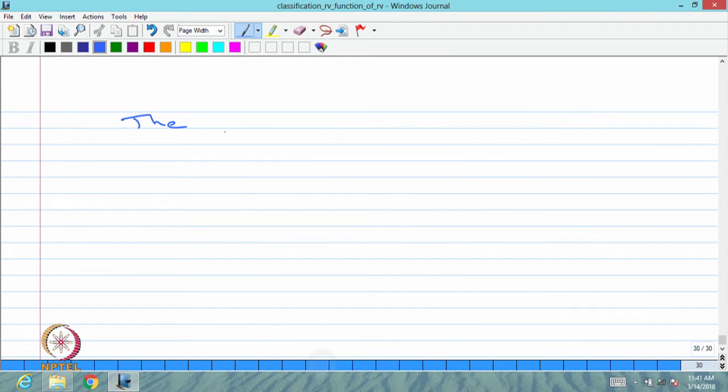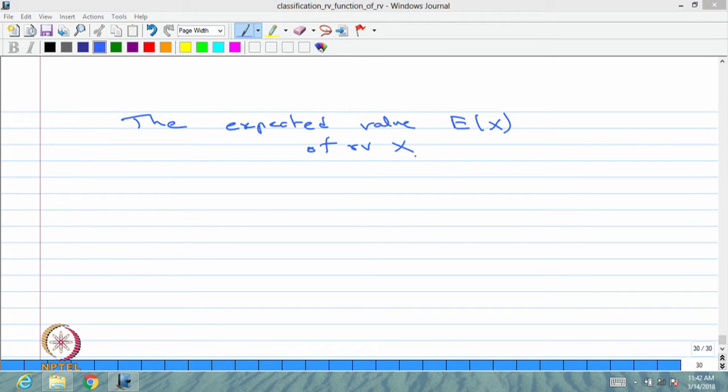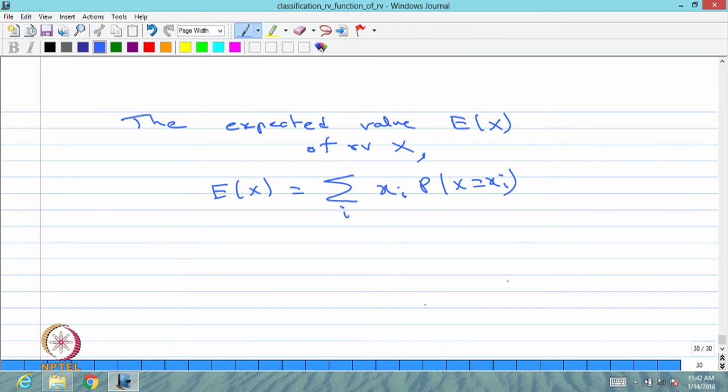In such a case, the expected value of the random variable X, denoted by E of X, is defined as E of X equals the summation over i of x_i times the probability of X equal to x_i.